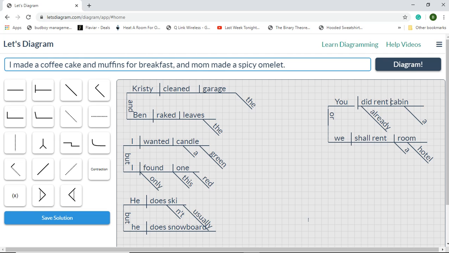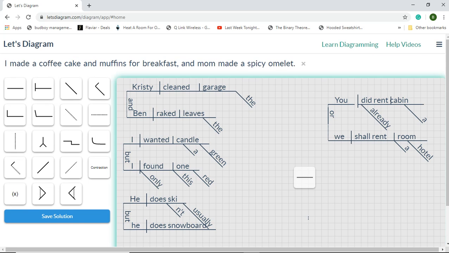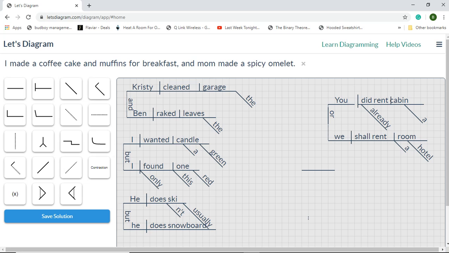Okay, here we go. Diagram. So, our subject for basically the first sentence, okay? Give myself some room. I hope there's enough room.